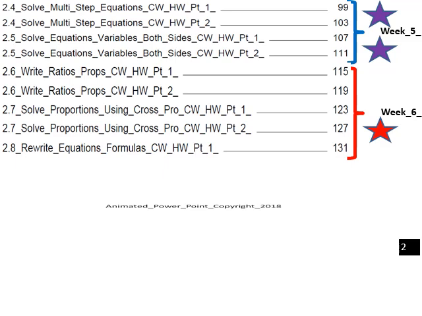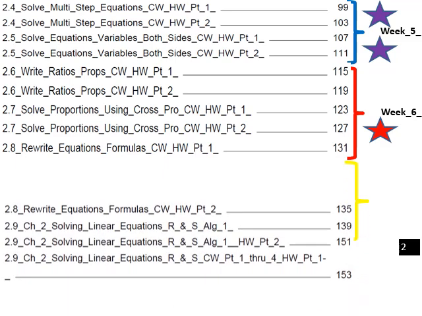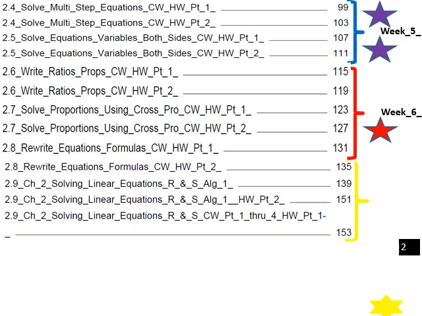We get into that in week 6 with a quiz on week 6, so your student will be assessed almost every week here. And then week 7, you got a test on week 7, continuing rewriting equations as formulas.